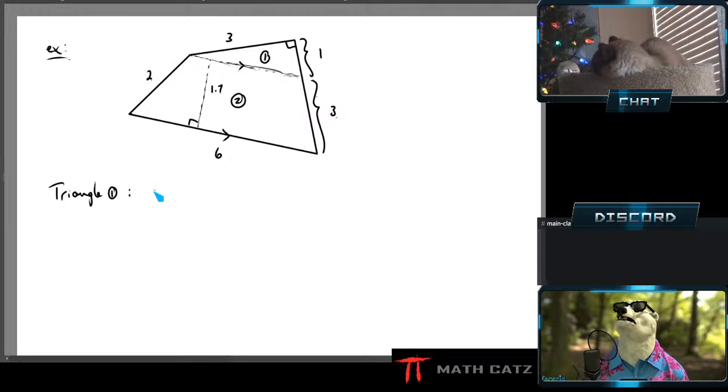Maybe the top 3. The area is a half times the base of 3, and the height is this 1 because they are perpendicular already. One can be seen as the base, one can be seen as the height. So we're good to go there, 1.5. So that one's done. Nice, easy.